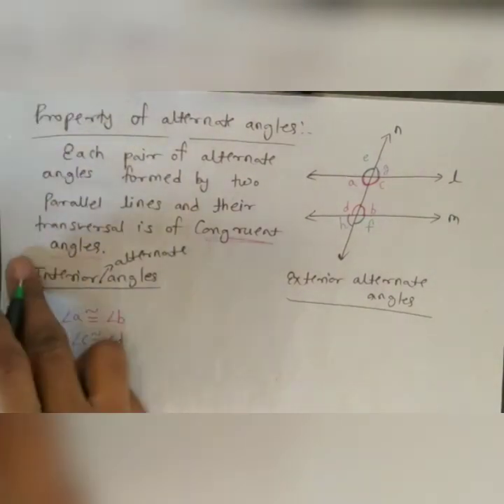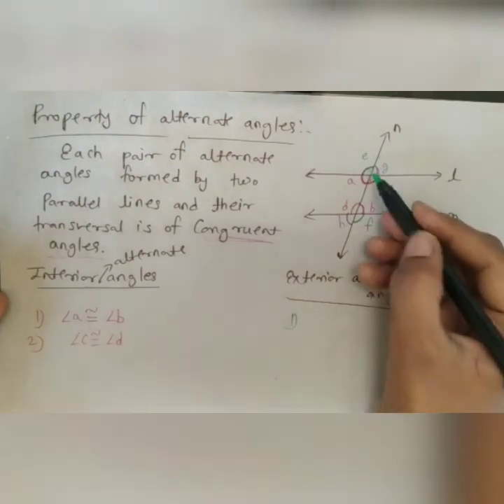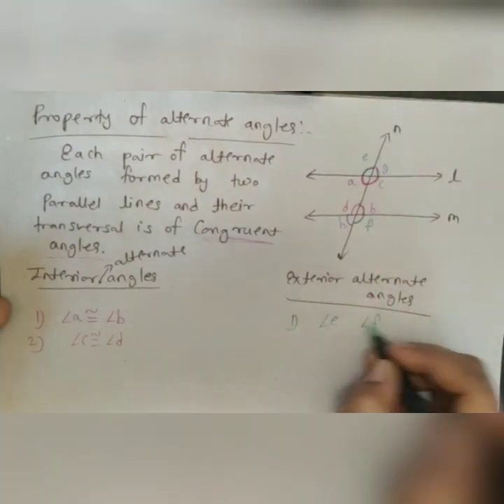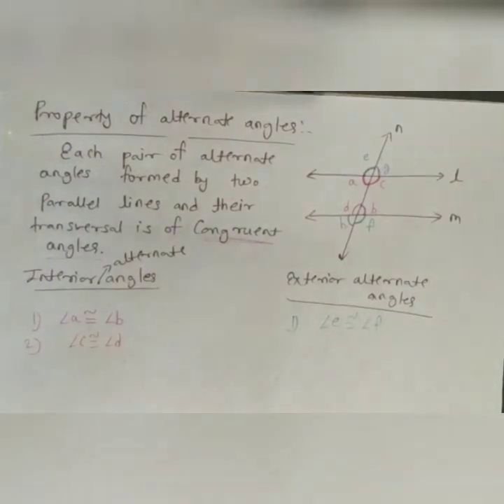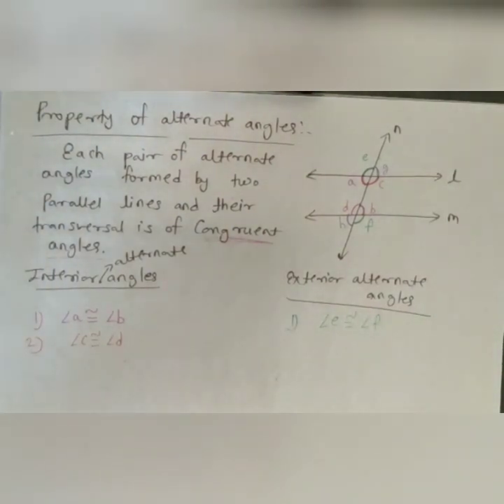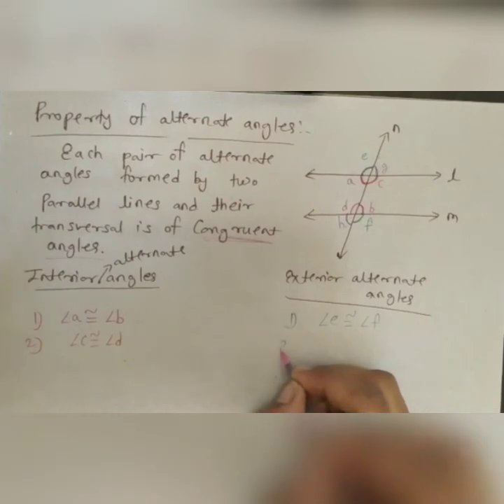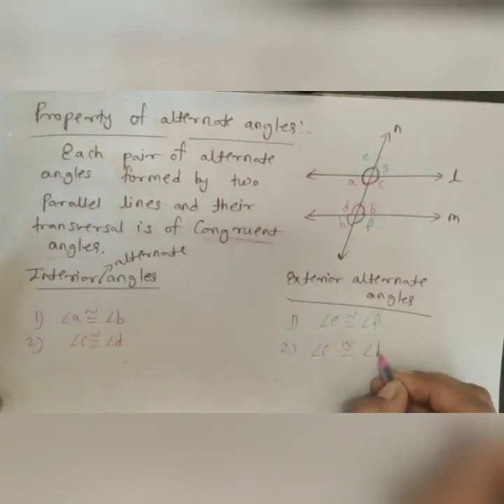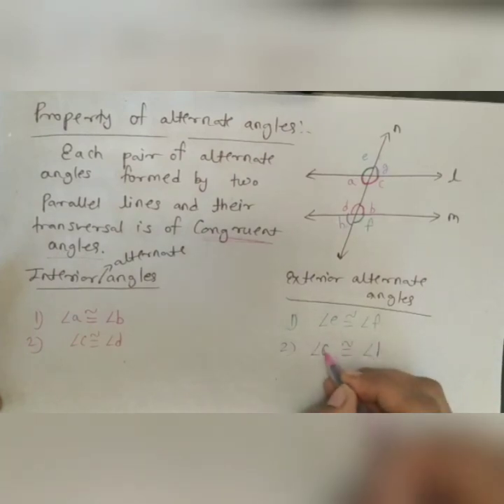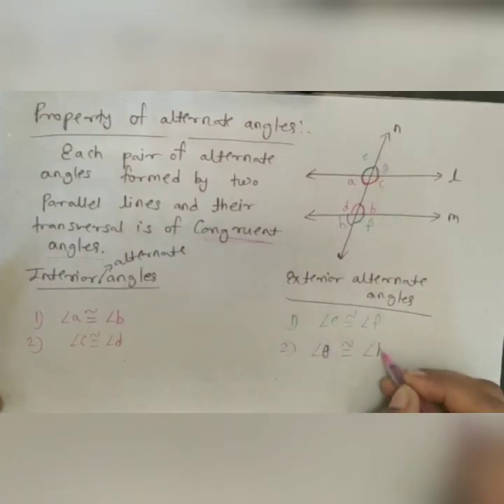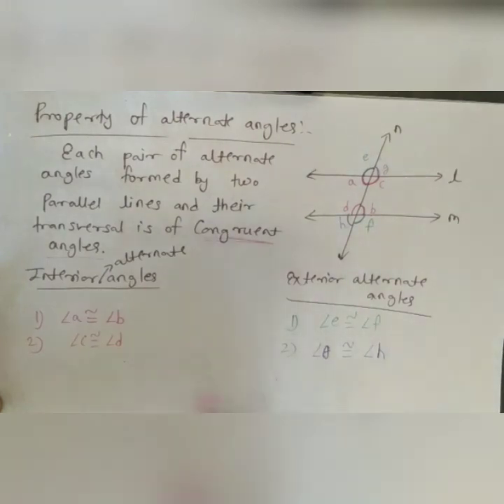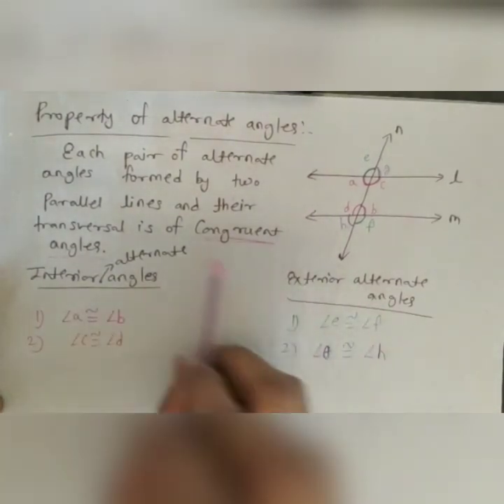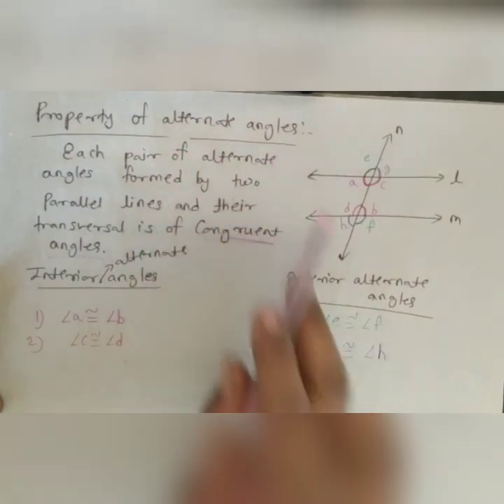Now, in exterior alternate angles, we have the pair of angle E and angle F. They are congruent. And what is left? Angle G is congruent to angle H. These are the property of alternate angles.